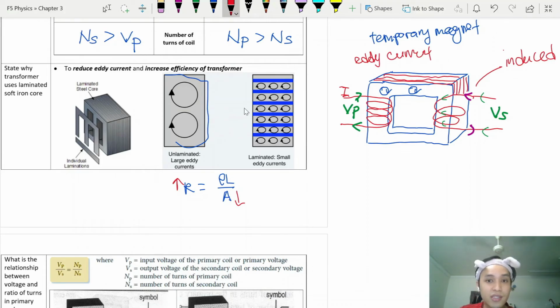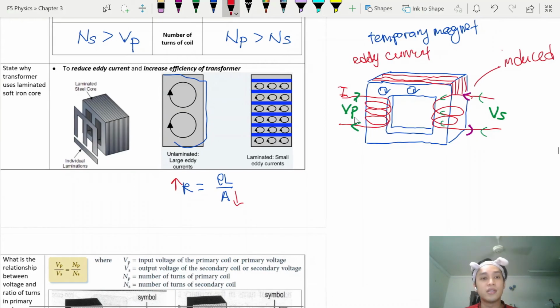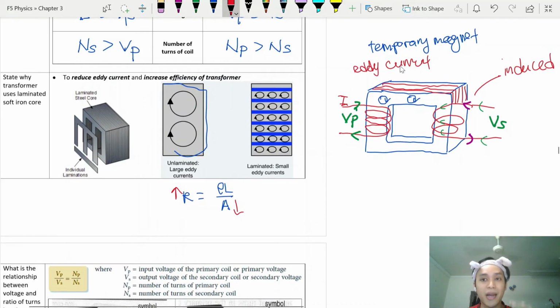Since you have higher resistance, the current will not flow into the metal. So remember the soft iron core here, the function is only to be a temporary magnet. It is not for the current to flow to the other side. This is a common misconception.